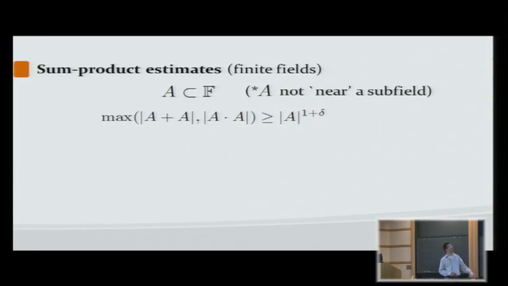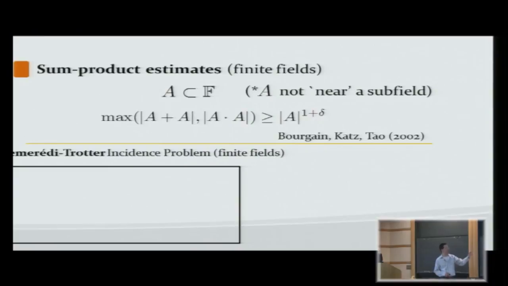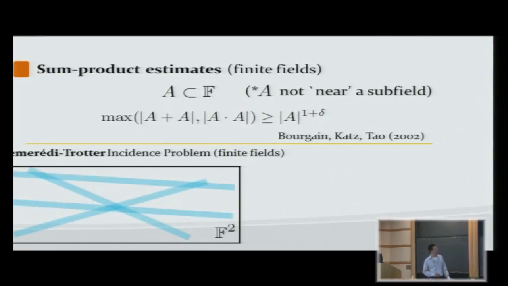So I can't hope to prove this. But there's a nice result of Bourgain, Katz and Tao that has led to a lot of interesting things in other areas, that says that as long as A is not near a subfield, then you can actually get some product improvement. And this is actually equivalent, at least qualitatively, maybe not quantitatively, to the question of getting an improvement in this Szemerédi-Trotter incidence problem.